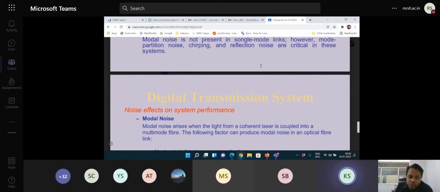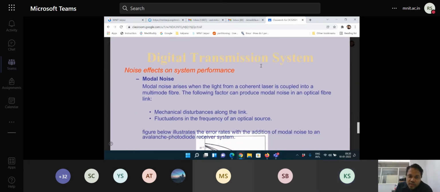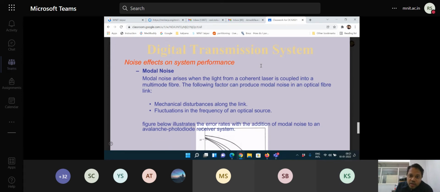Modal noise is what is present in multimode fibers, and this can be because of mechanical disturbances along the link or fluctuations in the frequency of an optical source.